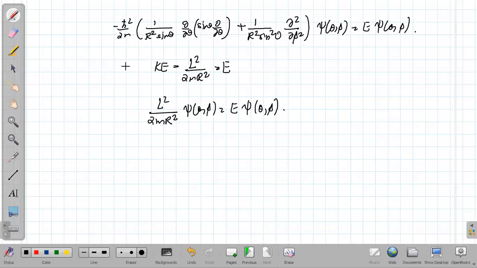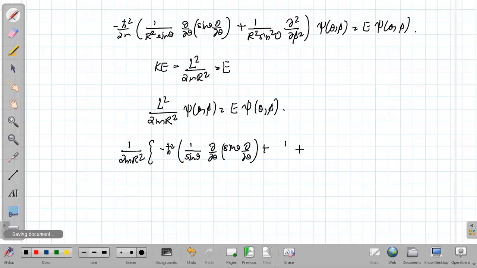I can write it in another way as 1 upon 2mR squared, where R squared is taken outside commonly, into minus h bar squared, 1 upon sin theta dou by dou theta of sin theta dou upon dou theta plus 1 upon sin squared theta dou squared by dou phi squared, acting on psi theta phi equal to E psi theta phi.